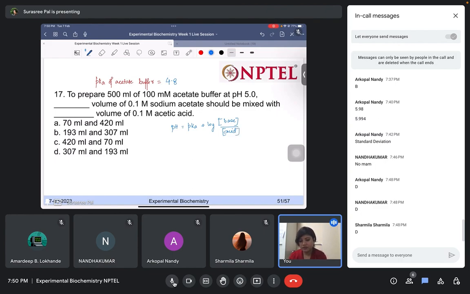Here the pH is 5, so pH minus pKa equals log of the concentration of base by concentration of acid. pKa is 4.8, so we put that value: 5 minus 4.8 equals log of base by acid.